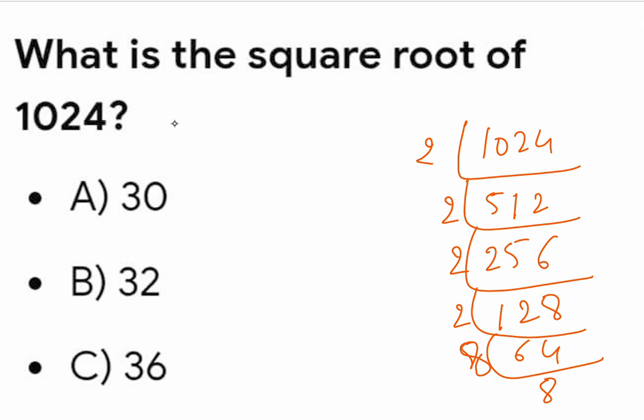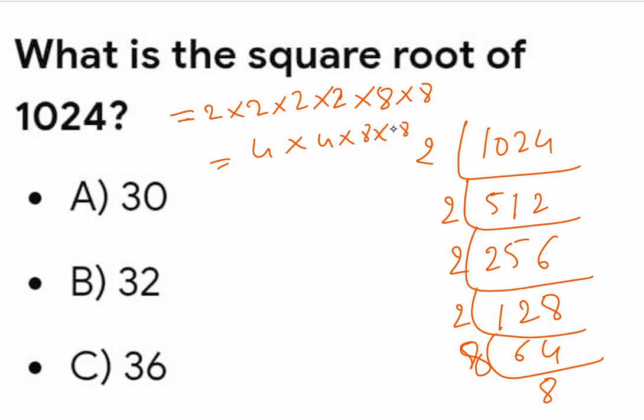So we can write 1024 as 2 into 2 into 2 into 2 into 8 into 8, that is 4 times 2 and 2 times 8. This can be written as 2 2s are 4 into 4 into 8 into 8.